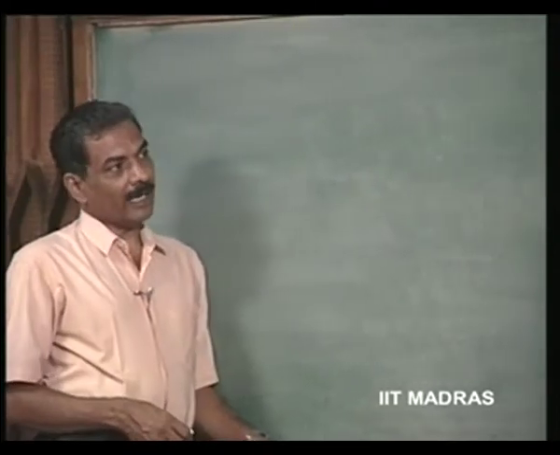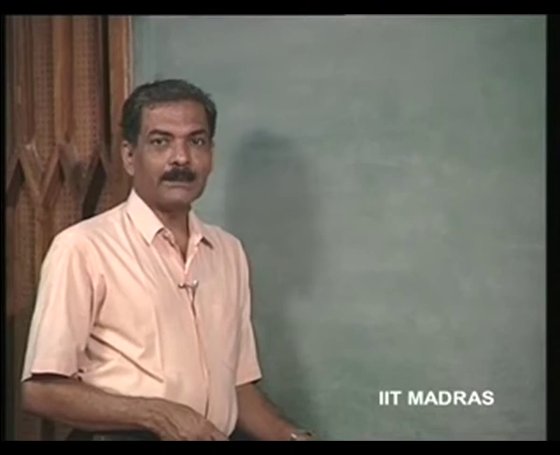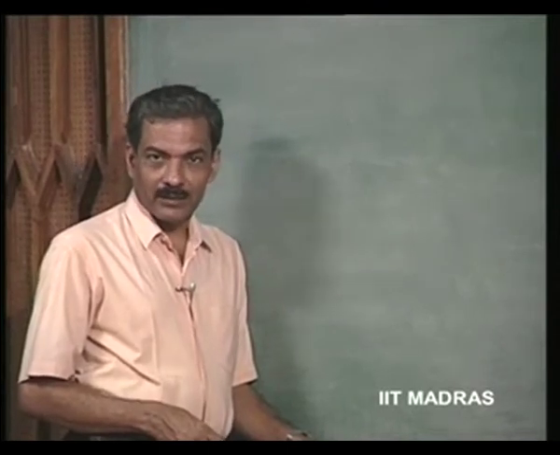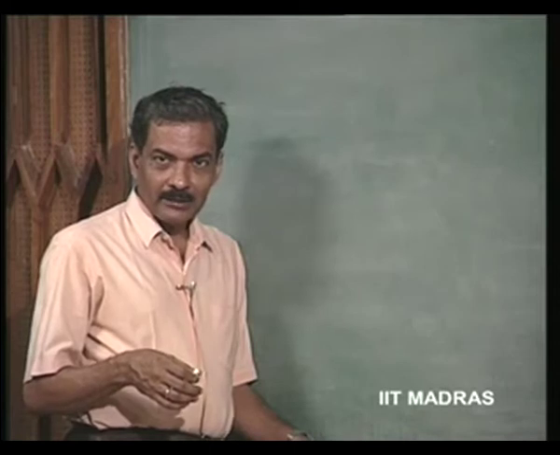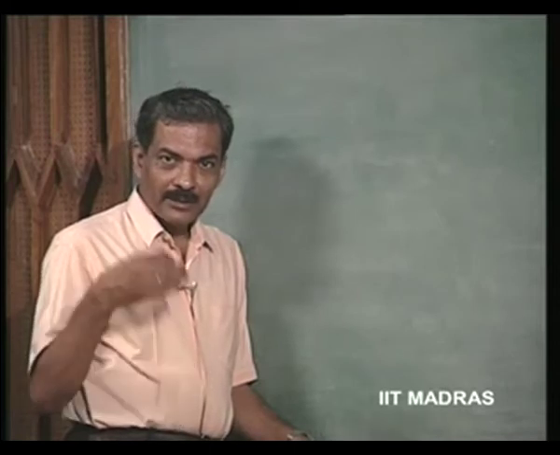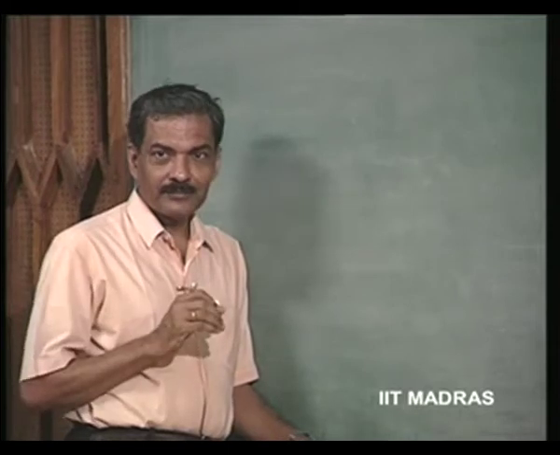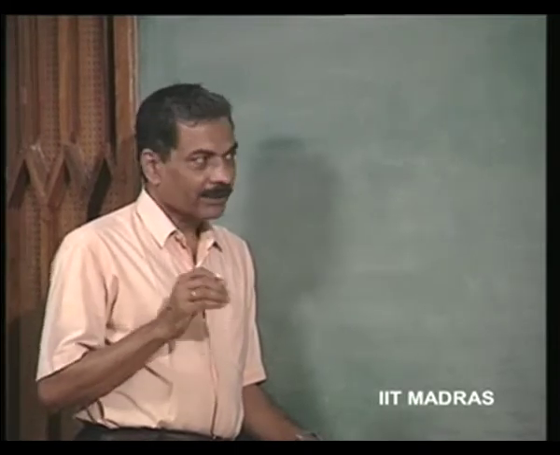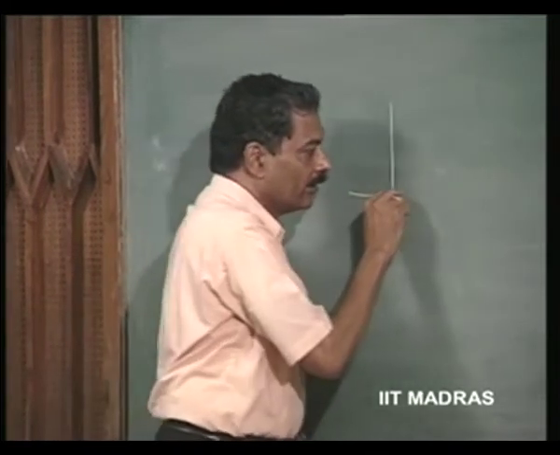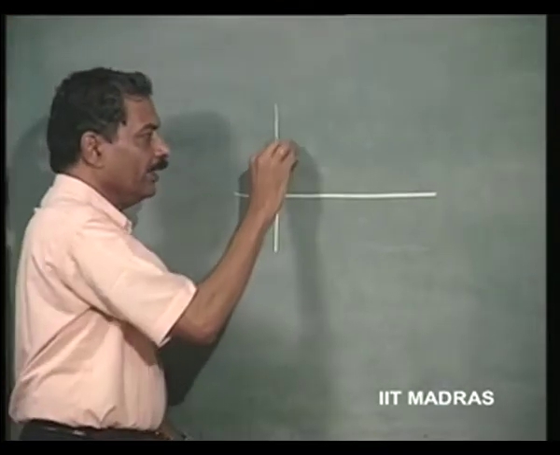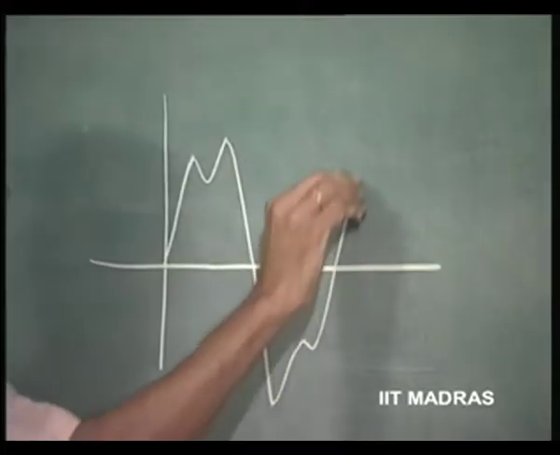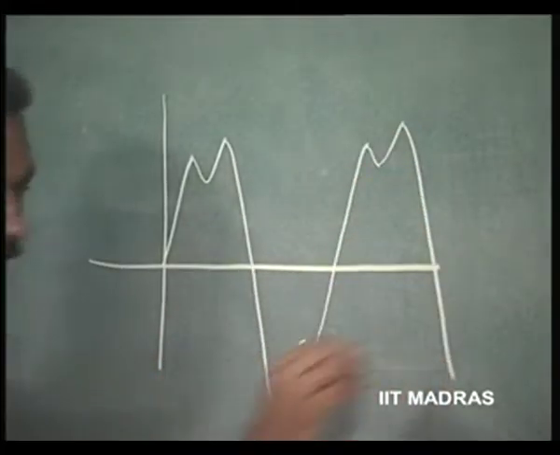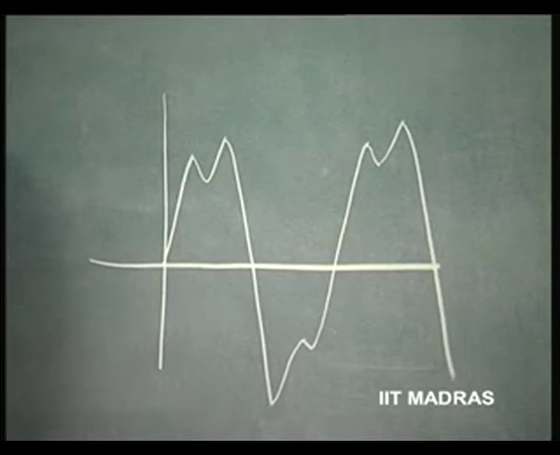Normally, for testing the amplifiers, it is customary to use sinusoidal signals. Why? Because a sinusoidal signal can be sort of a generalized signal. A periodic signal, for example like this, can always be represented as a summation of sinusoids.